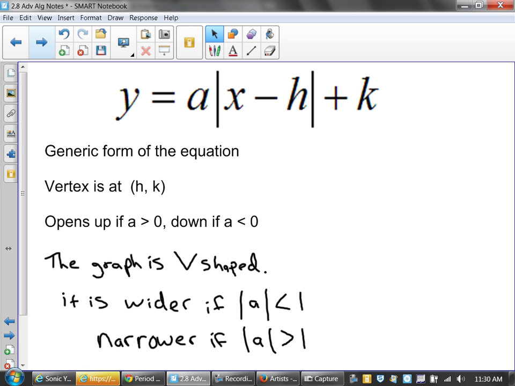You are going to see these A's, H's, and K's in every single style graph that we use from here on out. H and K stand for the following. H is a horizontal shift, hence the letter H. The K is a vertical shift, the letter K.